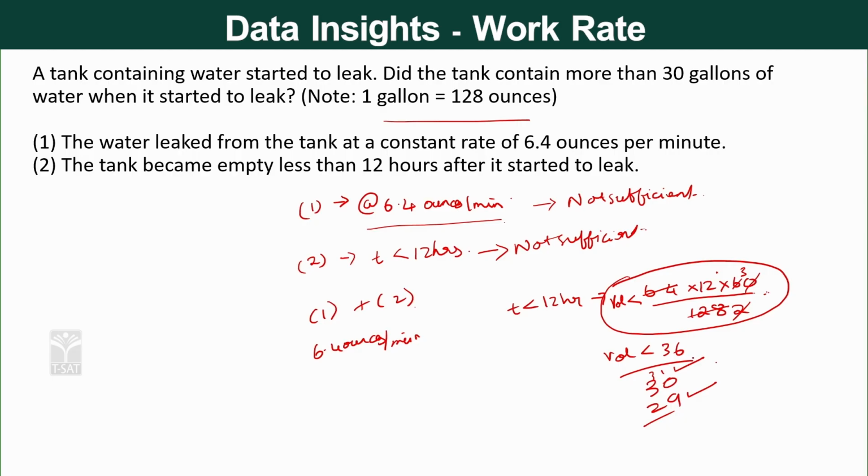So, you cannot definitely tell if the tank contained more than 30 gallons of water. It should just be less than 36, that is it. Therefore, together they are also not sufficient to answer the question. So, the answer option becomes E, when both together are also not sufficient to answer the question.